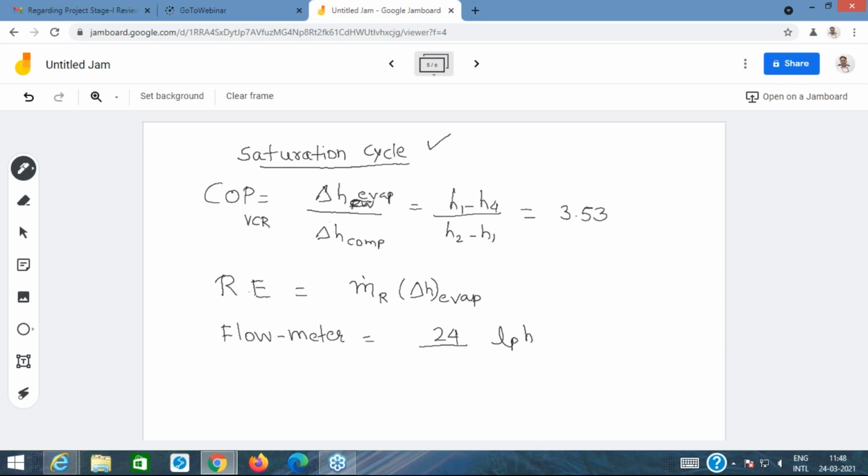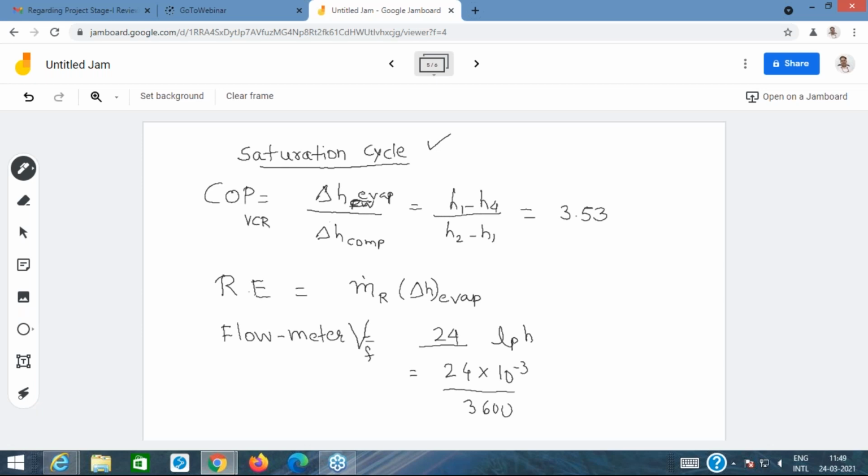The flow meter reading we obtained was about 24 LPH, L for liters per hour. If you convert it into meter cube per second, how do you do that? Multiply by 10 raised to minus 3, that gives us meter cube, and to convert it into seconds, divide by 3600. That gives us the volume flow rate VF.